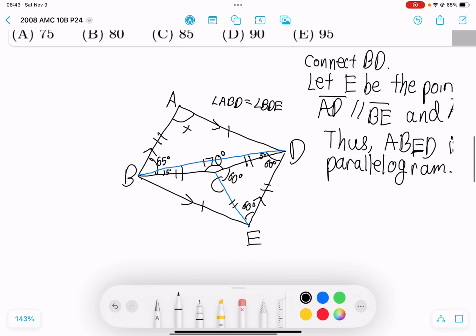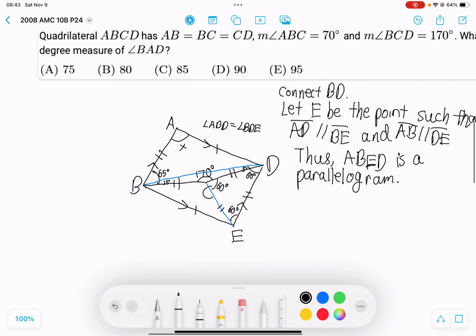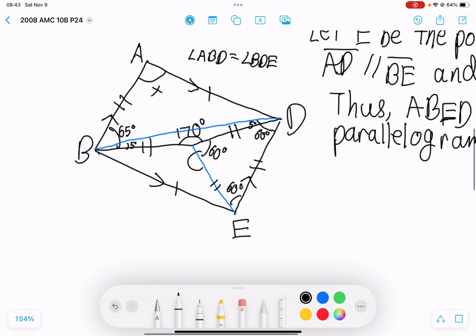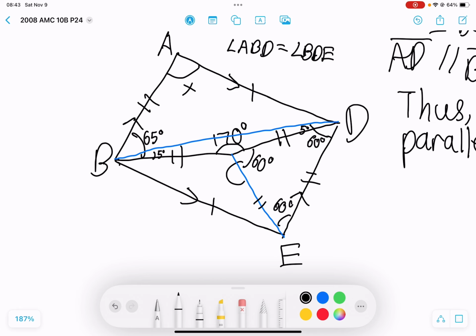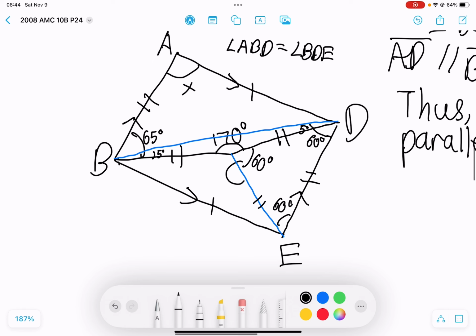Okay, let's look back at the problem. What do we want? We want BAD. So to get BAD, we want to get the angle measures of angles in the triangle or angles in the quadrilateral, right? Okay, so let's try and do that.